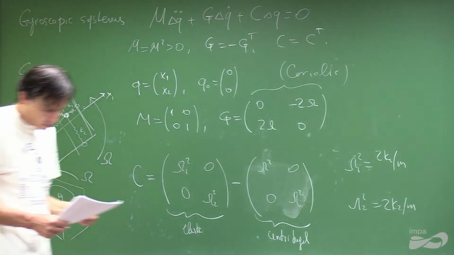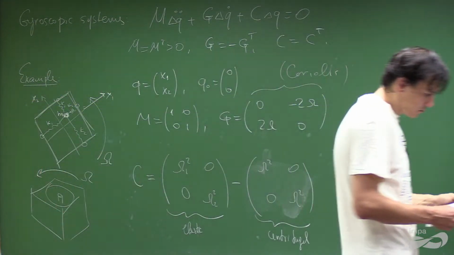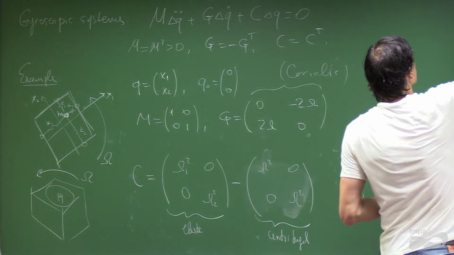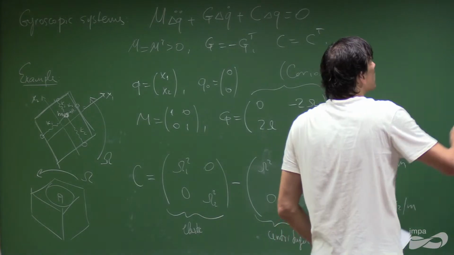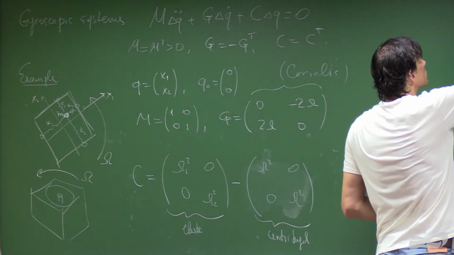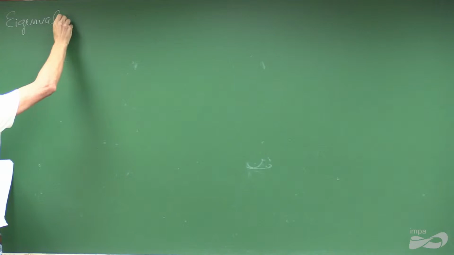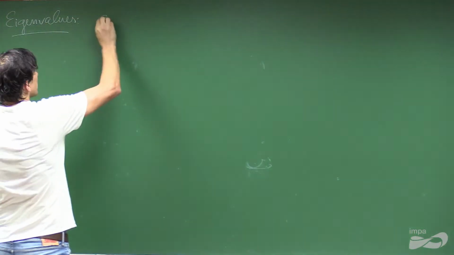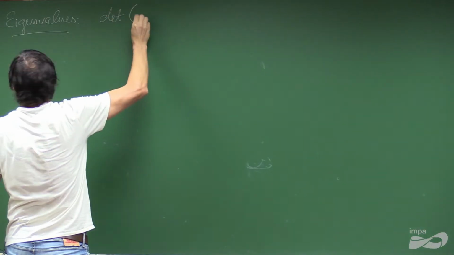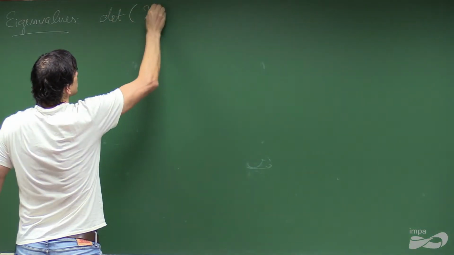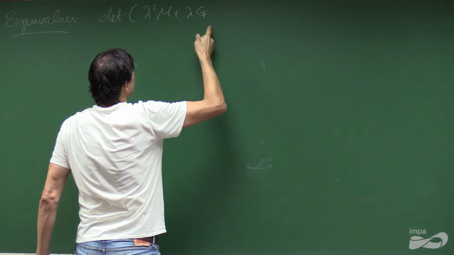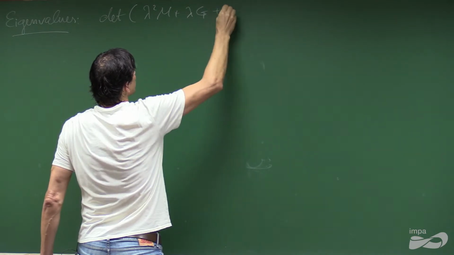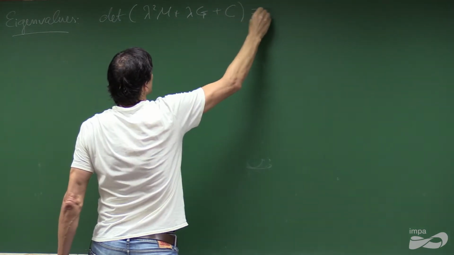What we next have to do is to find eigenvalues, because the solution of the system is determined by its eigenvalues. The eigenvalues are given by the determinant of the characteristic matrix set equal to 0.